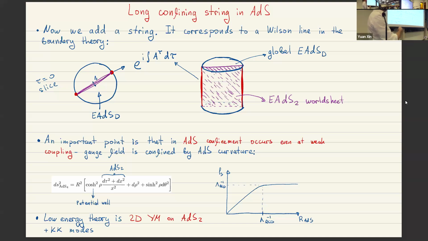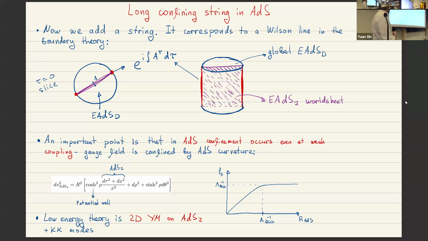That is a 3D picture that I try to visualize here. So you have this world sheet that is AdS2 inside of AdS-D. And an important point is that in AdS confinement occurs even at weak coupling, okay? So the gauge field is confined by AdS curvature in this case.